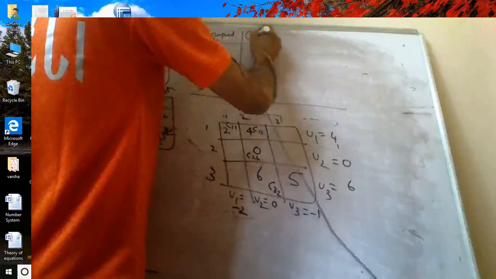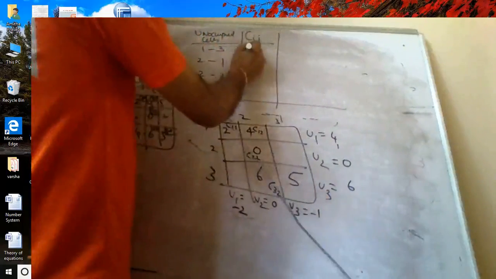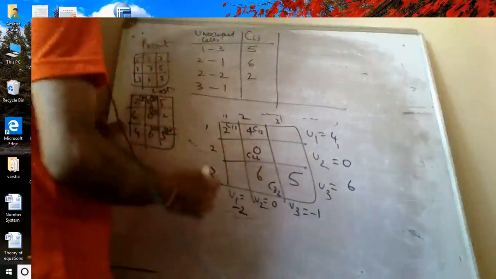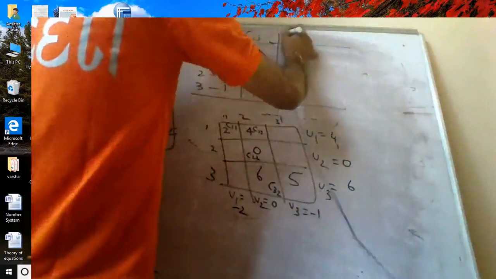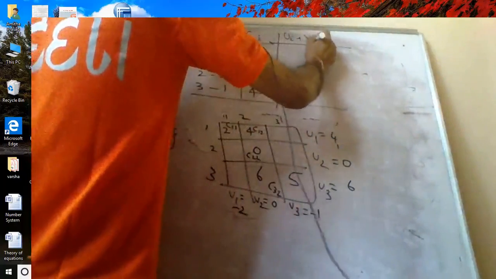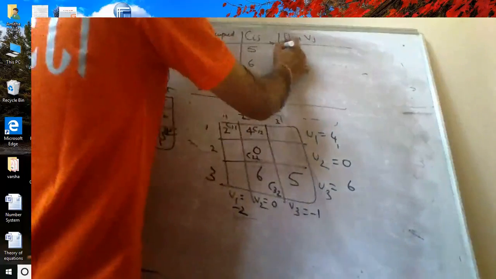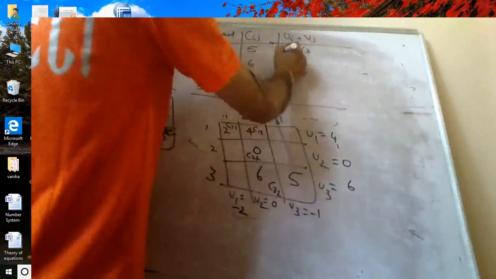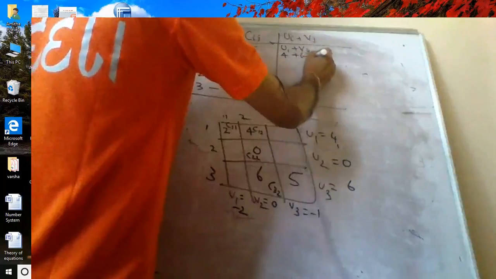For cost, you should always take the cost, so the subtracted matrix: 5, 6, 2, 4. Then Ui plus Vj. U1 plus V3: U1 is 4, plus V3 which is minus 1. So this is 3.